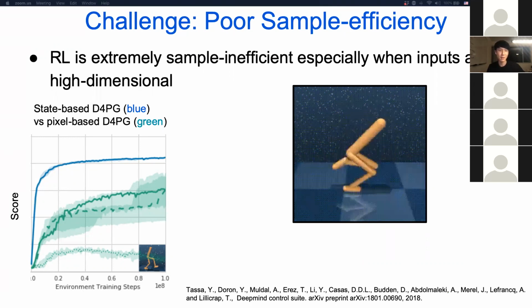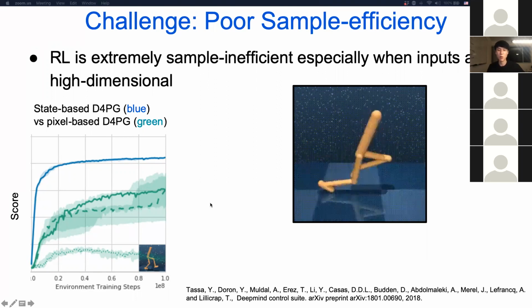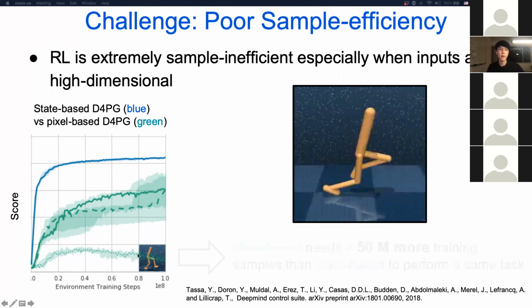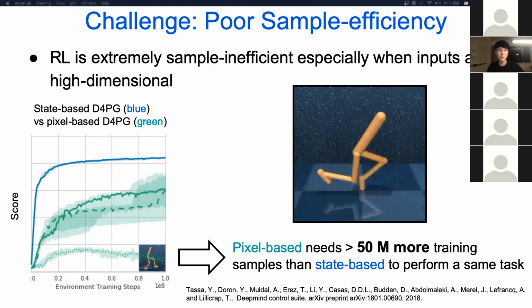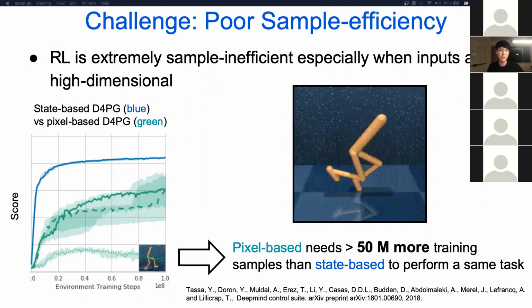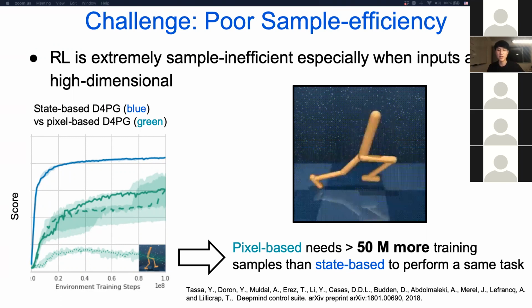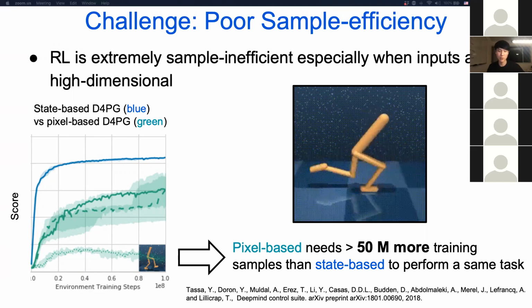So everything is the same: RL algorithm, task, agent. Only the input is different. And one can clearly note that the pixel-based agent needs 50 million more training samples than the state-based method to perform the same task. And actually, the final performance of the pixel-based method is much worse than that of the state-based method.